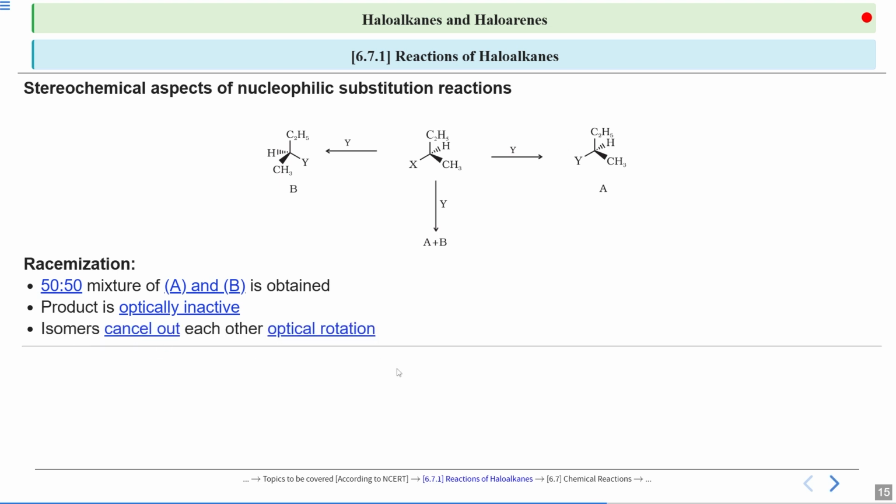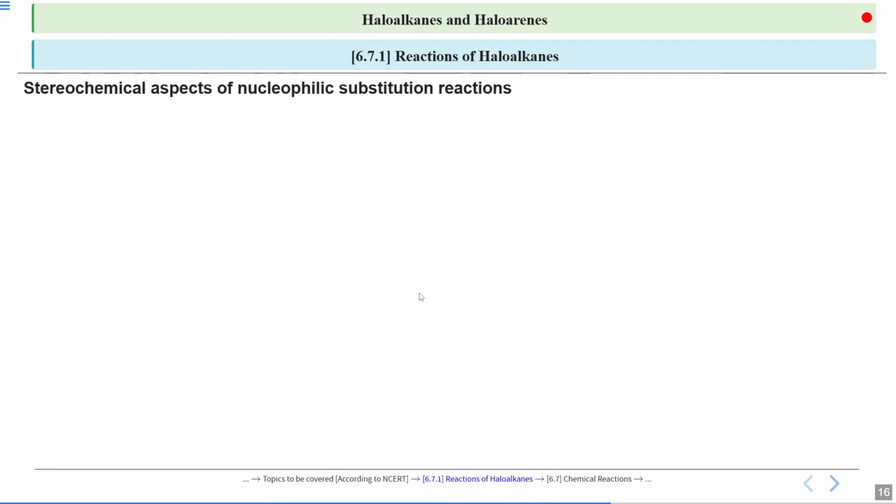One isomer cancels out the optical rotation of the other, and you get a racemic mixture. Racemization happens in the third outcome. So these three outcomes are possible when the bond around the asymmetric carbon is breaking.